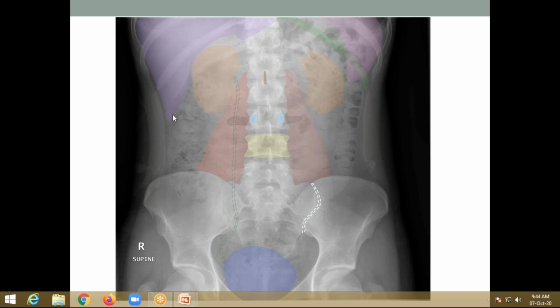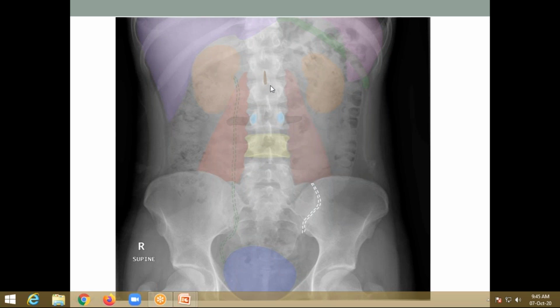This is the liver outline, and this is the splenic outline, and these are the kidney outlines, renal, and we will see the ureter. These are the vertebral bodies, these are the transverse processes, this is the spinous process, and these are the pedicles.